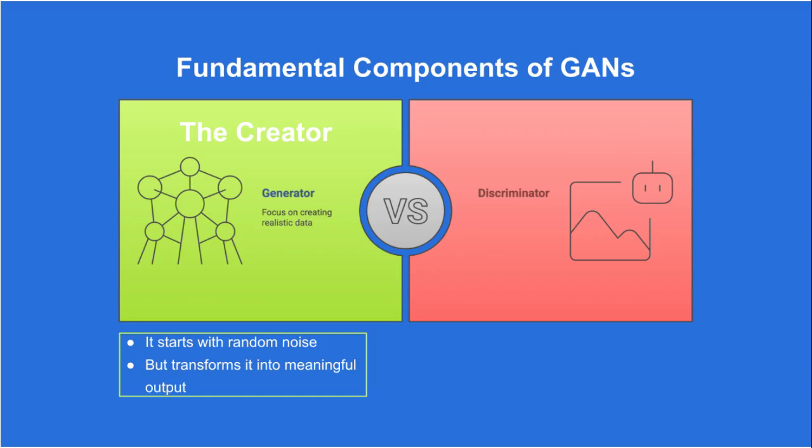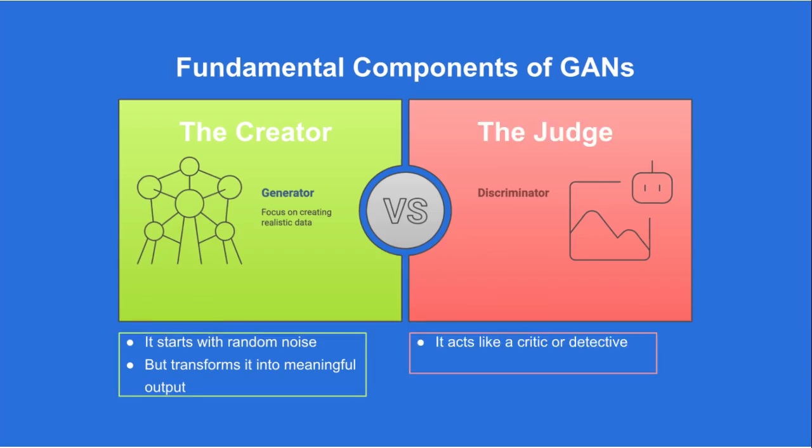The discriminator, on the other hand, serves as the judge, acting like a critic or detective that analyzes data to determine whether it is real or artificially generated. Trained on real-world data, it develops an understanding of what authentic images, sounds, or text should look like.